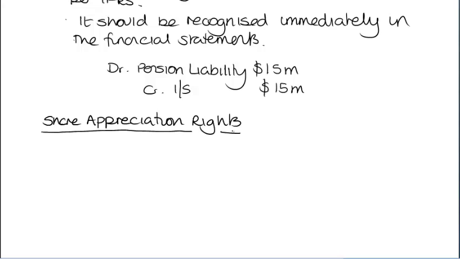Next, we've got share appreciation rights. Now, look at the dates very, very carefully. Our year end is the 31st of May, X3. This scheme started on the 1st of June, X2.